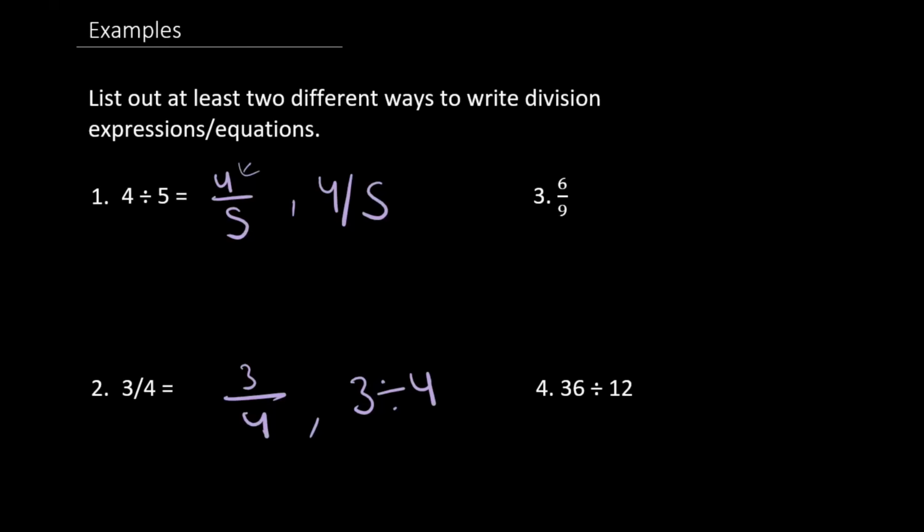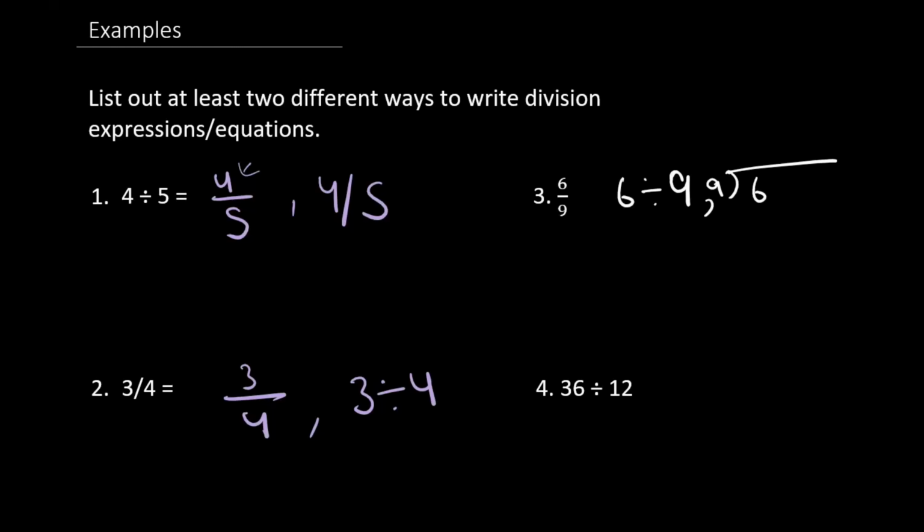Alright, so let's do the third question. They gave us a fraction and we need to do two different ways. So 6 divided by 9 is a way. And for another, let's do the way that we actually do our work.